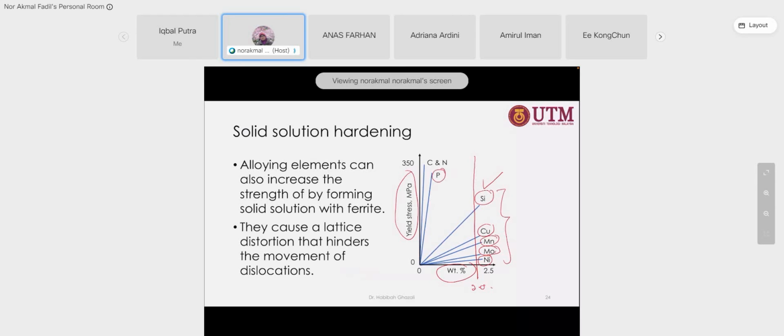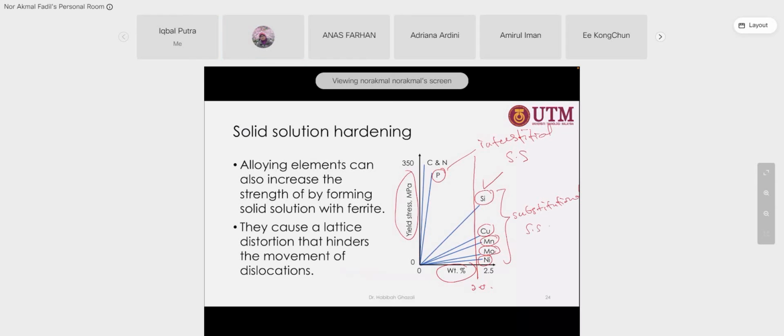And what about phosphorus? Phosphorus forms an interstitial solid solution. Unlike these, which are substitutional, this one is an interstitial solid solution.